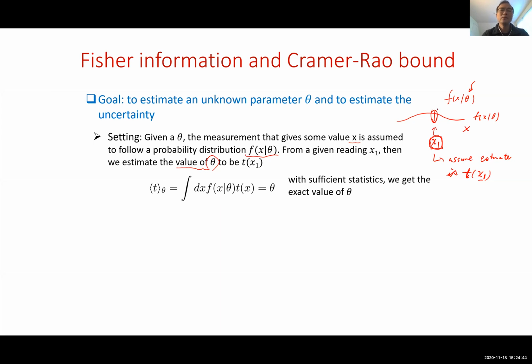So the setting is that if this measurement is precise and you repeat many times, in the limit of performing many measurements, you average over your estimate and the distribution, and we will get the precise, exact value of theta, assuming this is the ideal case. So basically, t is just a way to allow us to estimate theta.